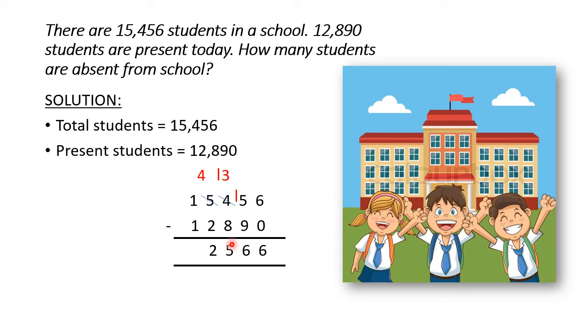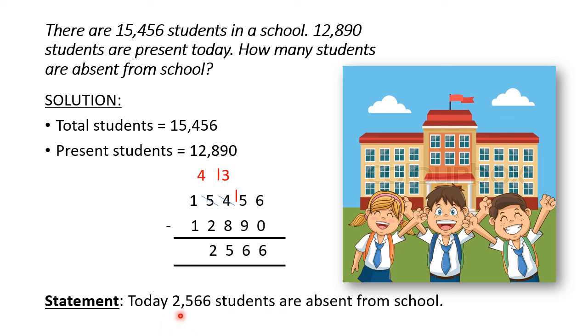After subtracting, we will get our answer, that is 2,566, which represents the number of students absent from the school today. So, our answer statement will be, today 2,566 students are absent from the school.